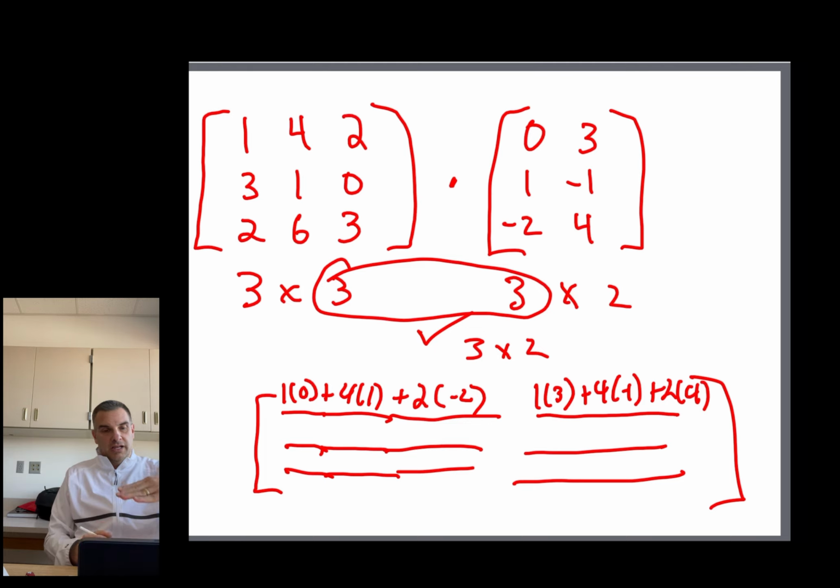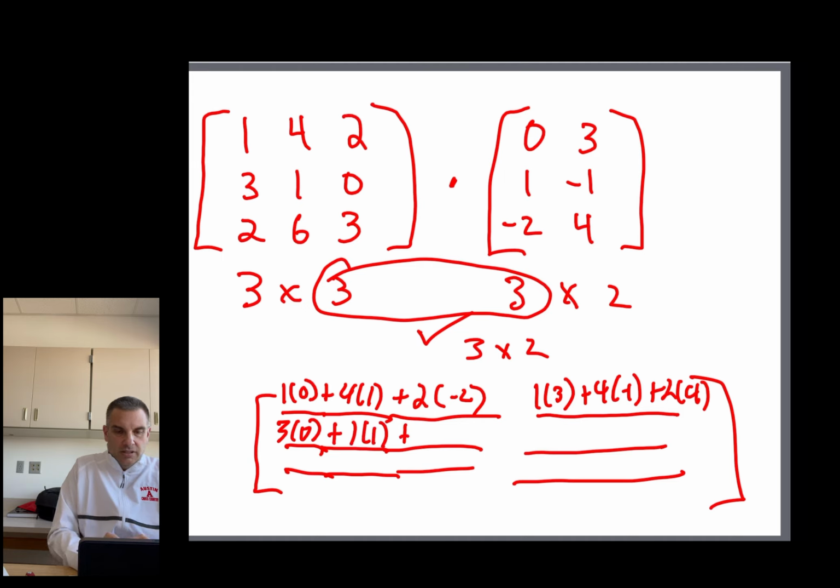Second row, so we go second row, first column. 3 times 0. So we went 3, 0. Now we go 1 times 1 plus 0 times negative 2.